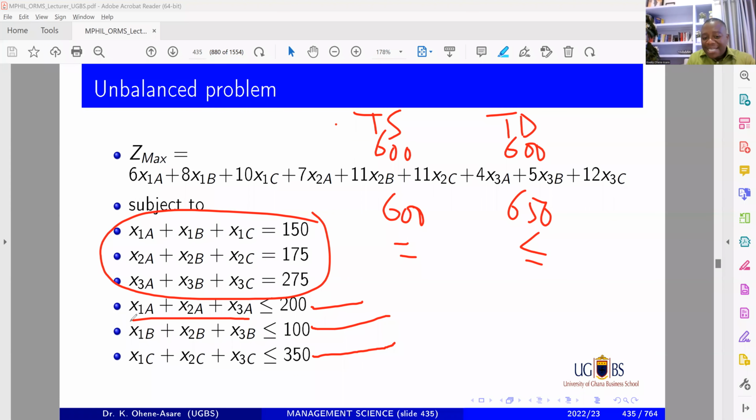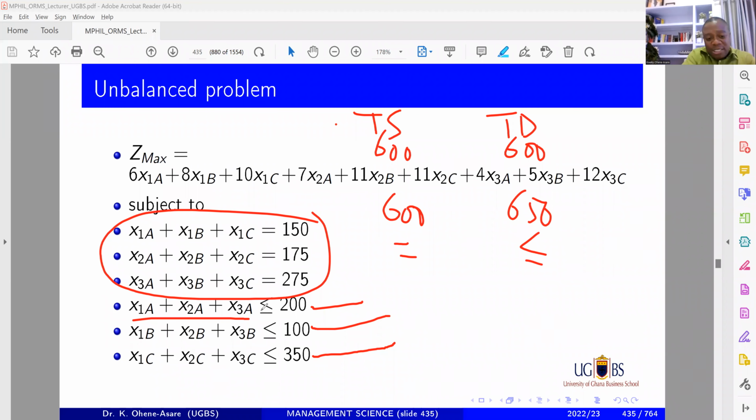So it means that whatever is coming here, relatively speaking, is going to be less. Because the total here, they are demanding more than the total of what is being supplied. So whatever it is, it is going to be less than or equal to.